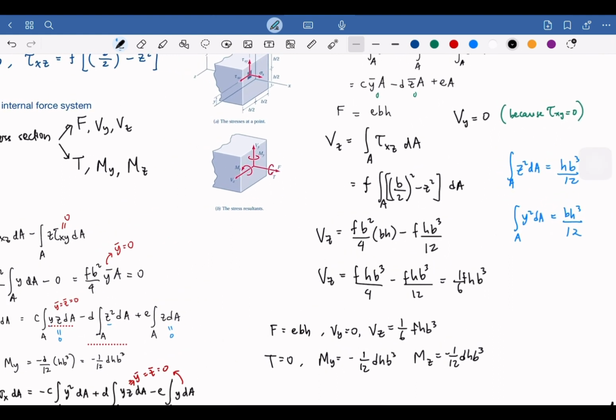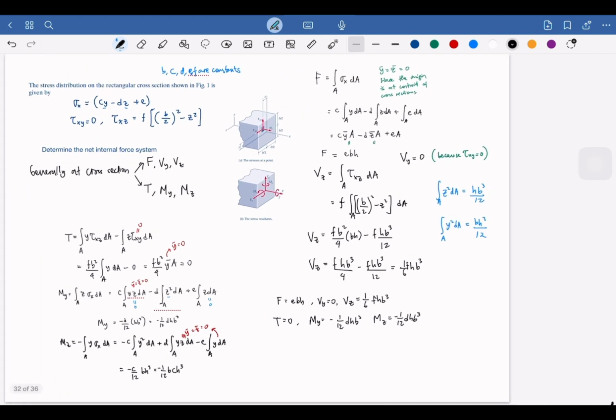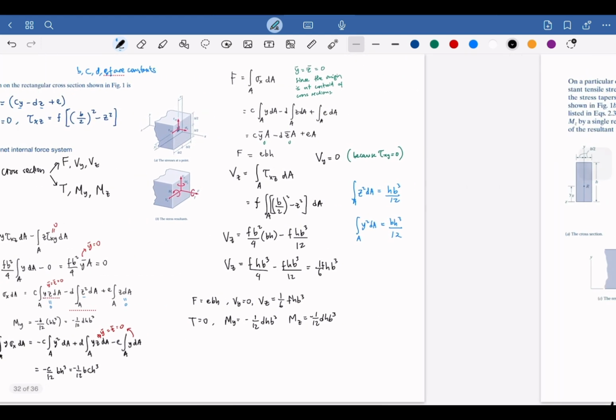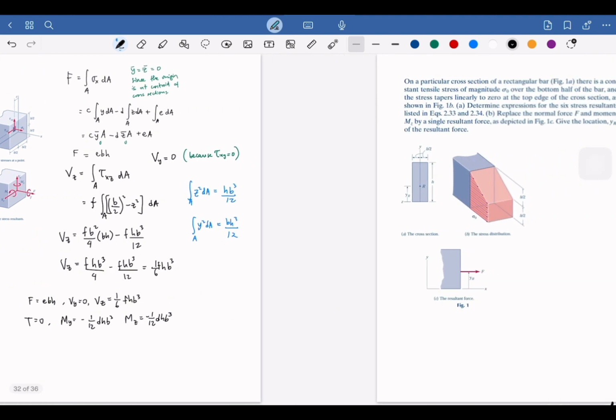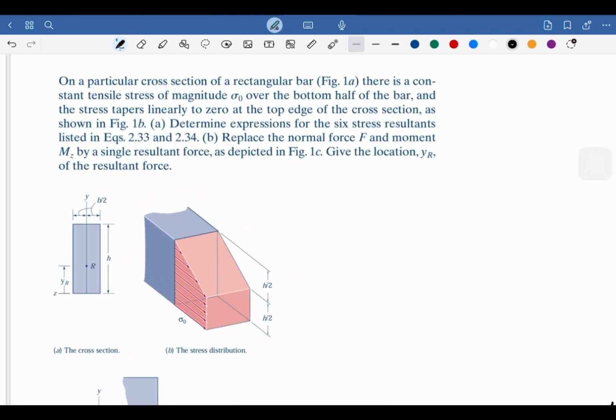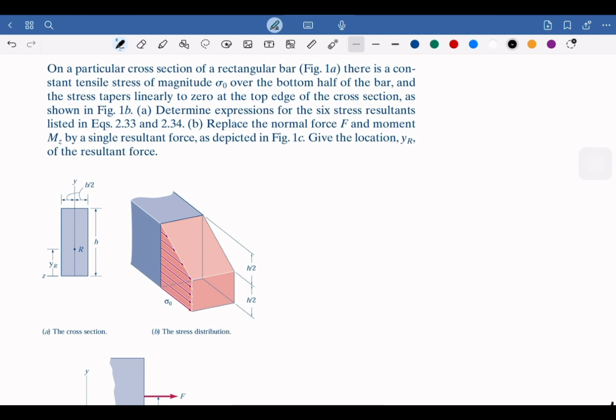Okay. One more example, just to show you how we can apply all the relations. So another one is here. We have a rectangular bar, and at some cross section, there are tensile stress with magnitude we call sigma 0 over the bottom half of the bar.